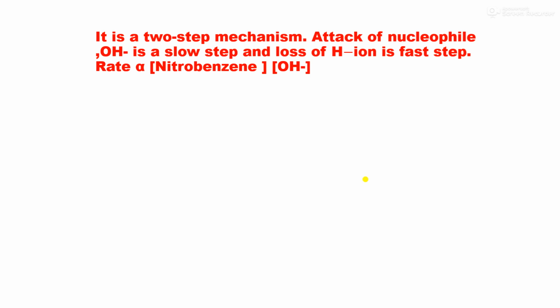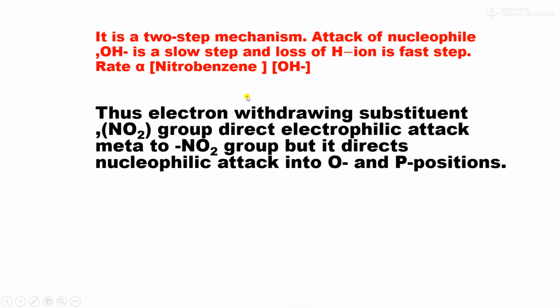Rate of this reaction SN2AR is dependent on concentration of nitrobenzene and concentration of hydroxide ion. As in rate equation, there is presence of nitrobenzene as well as nucleophile. This is a bimolecular reaction.